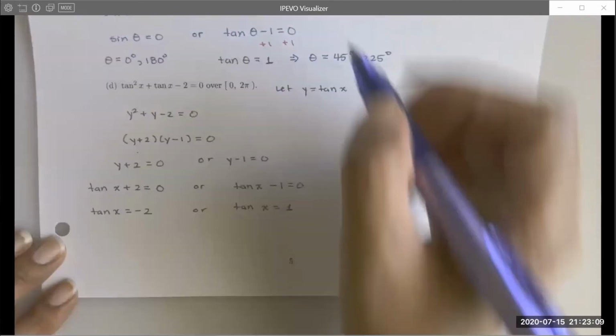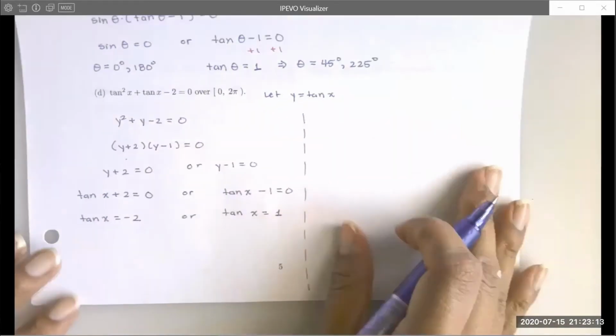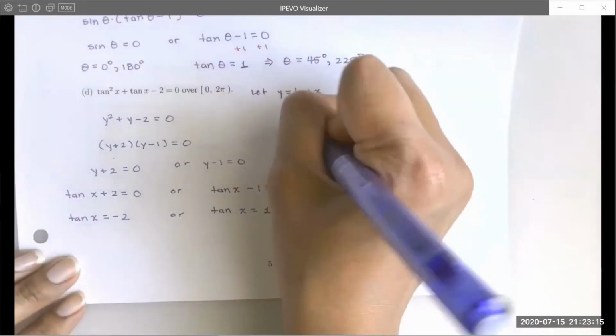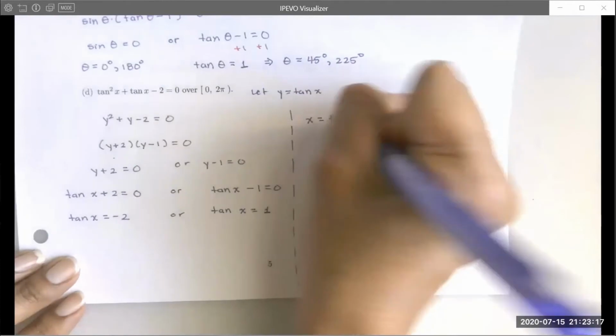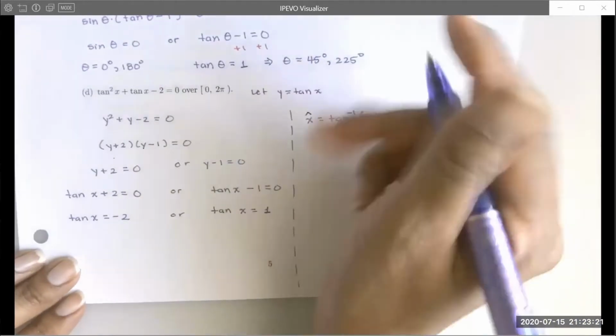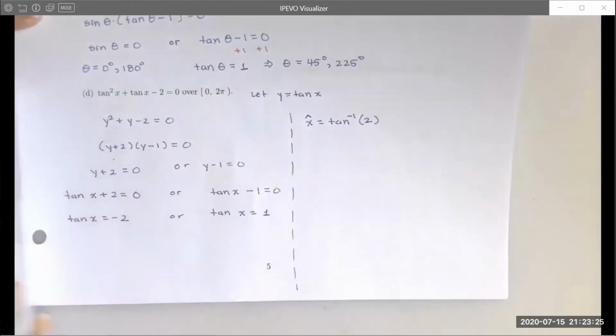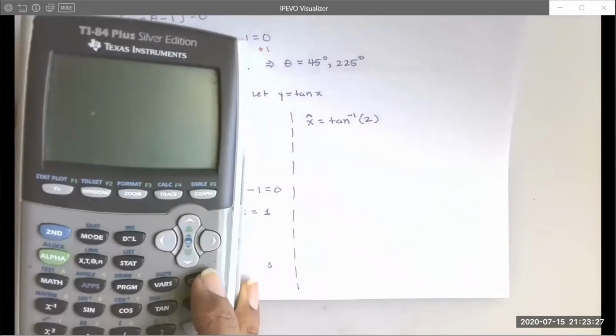So let me continue the work over here on the side. Okay. So we would get x is equal to tan inverse of 2, and this is going to be the reference angle. Remember, when we're working on the calculator, we want to first find the reference angle.